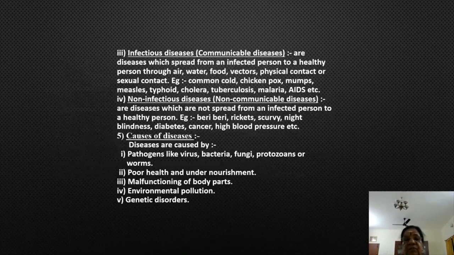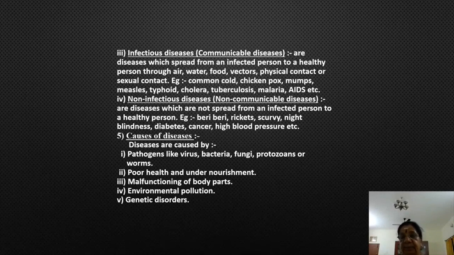Okay. The next one, the diseases are infectious and non-infectious diseases. Otherwise, we say communicable and non-communicable diseases. Diseases which are spread from an infected person to a healthy person through air, water, food, vectors, physical contact or sexual contact are communicable diseases.